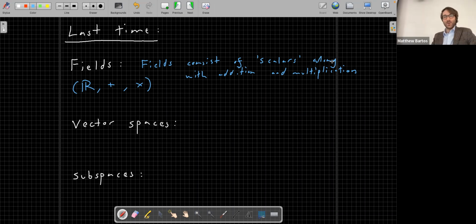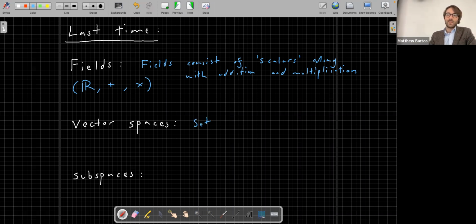Yes. It's a set of vectors along with two operations, vector addition and scalar multiplication. So you can have these vectors in your vector space, you can scale them, you can add them together, and when you do that, you end up with other vectors that lie within your vector space. So we say that our vector space is closed under scalar multiplication and vector addition.